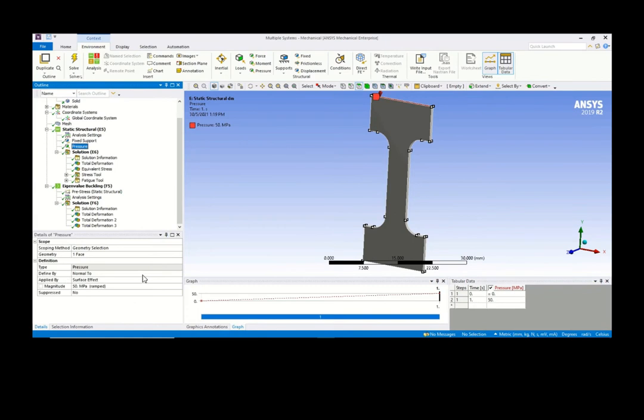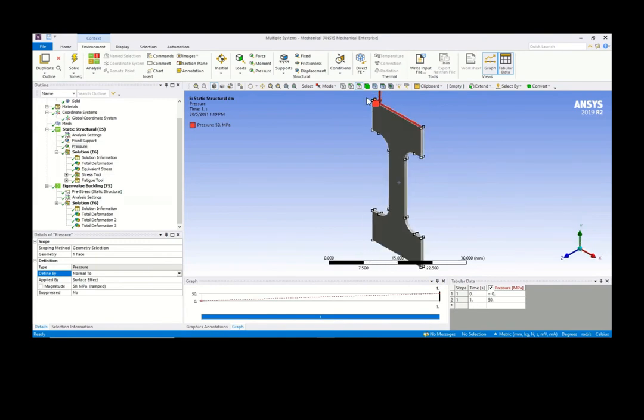Instead of using components or vectors, I am using normal to this surface, then it is 50. As long as you make sure that the arrow is going down on that surface, applied on this surface, it is good.